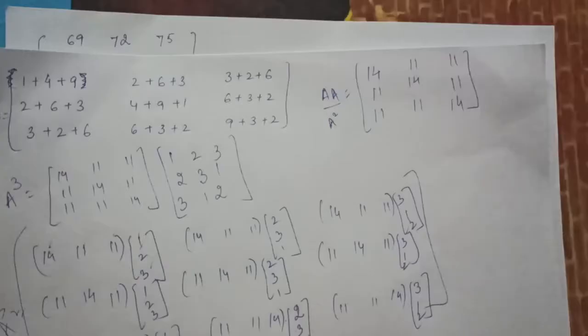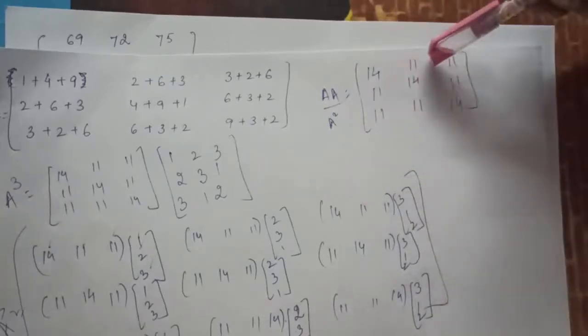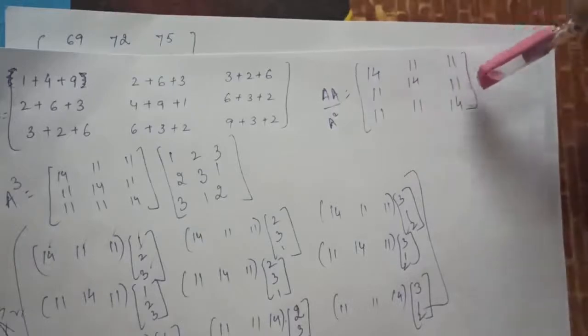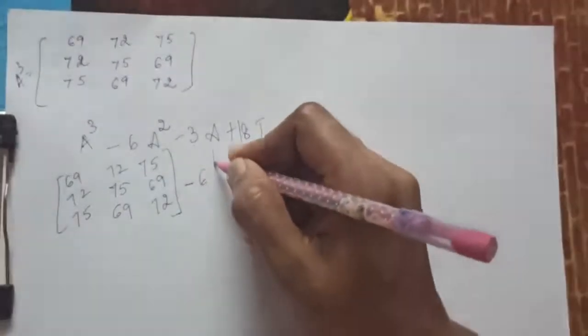If you remember, in the previous step we first took A multiplied by A, then we multiplied with A. So A square we have already calculated. These are the values of A square: 14, 11, 11, 11, 14, 11 and 11, 11, 14. So now we will put this into this equation.